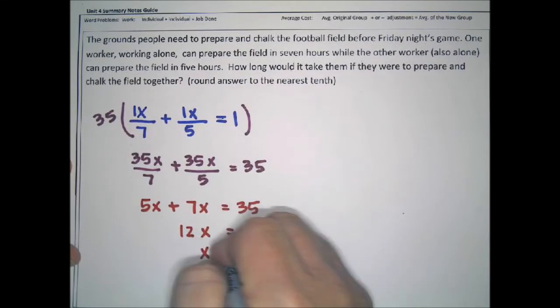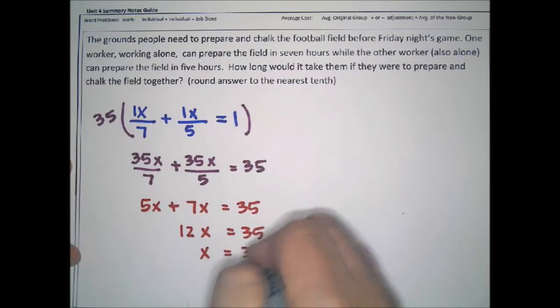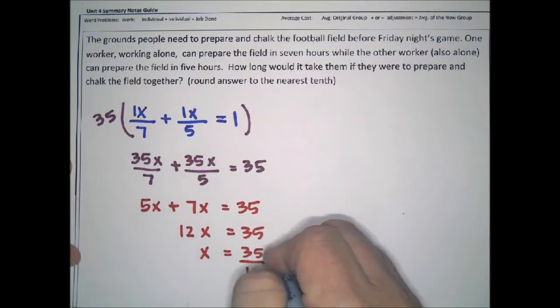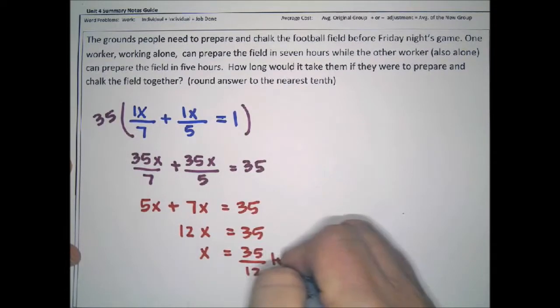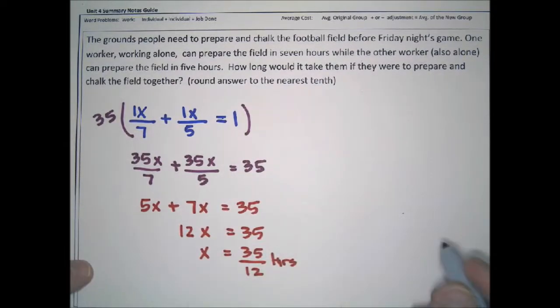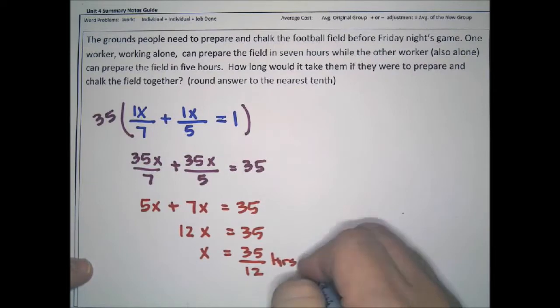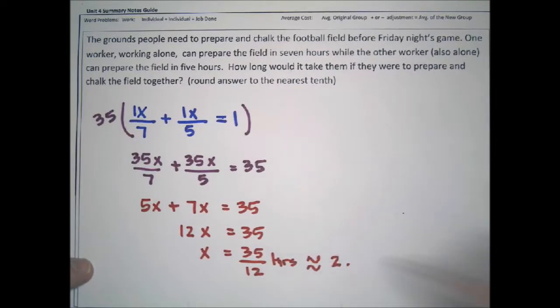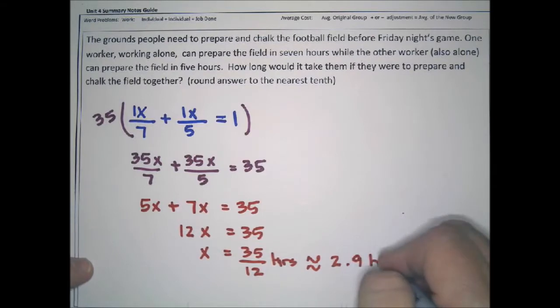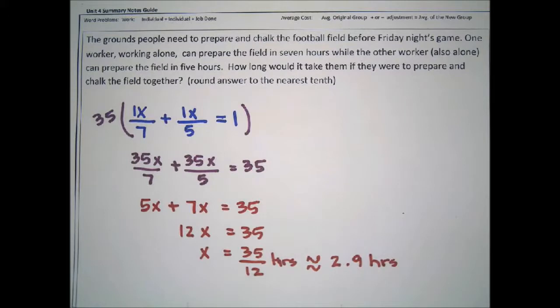So x equals 35/12 hours, which is approximately 2.9 hours. Together, it's going to take them almost 2.9 hours to get the field chalked.